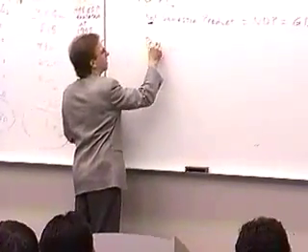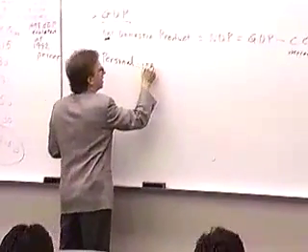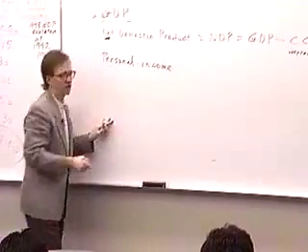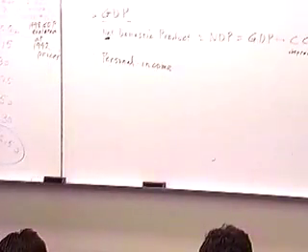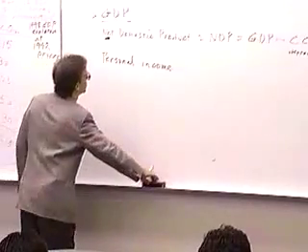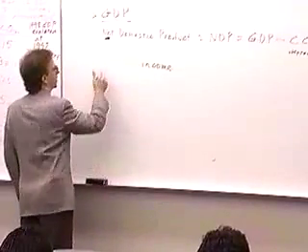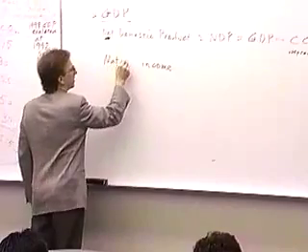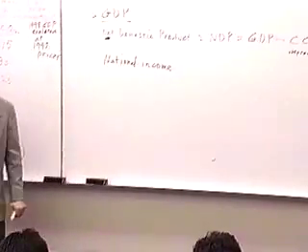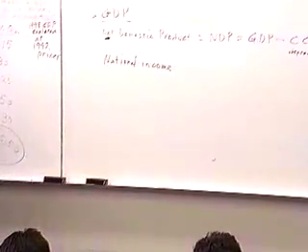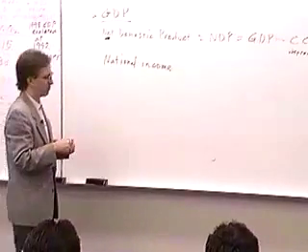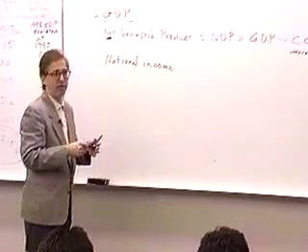How about this one? Personal income. Oh, just a second. There's one I want to talk about before personal income, then we'll get to personal income. National income. We've already talked about this, that's why I skipped it, but we didn't really give it a name, I don't think.